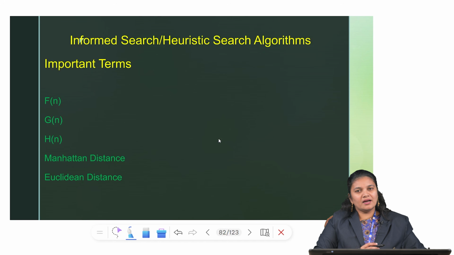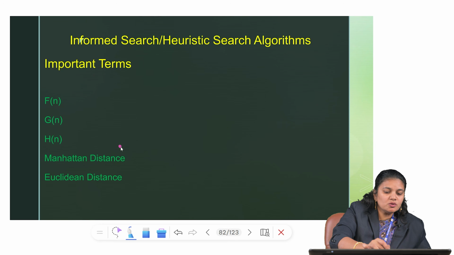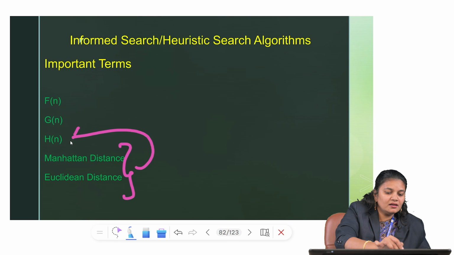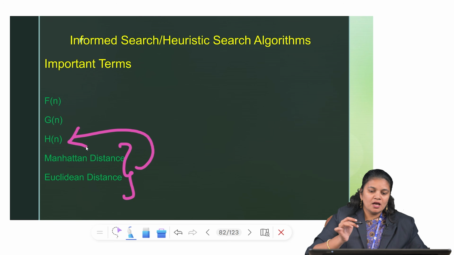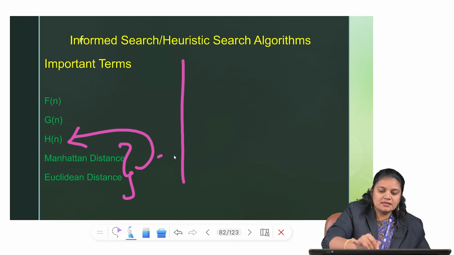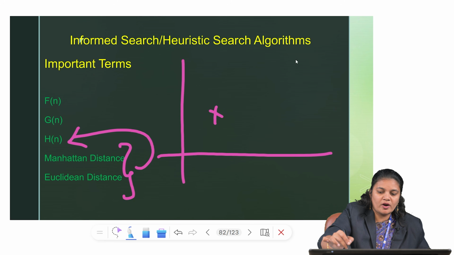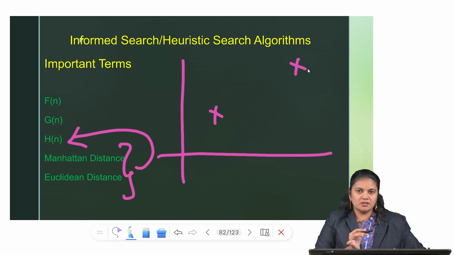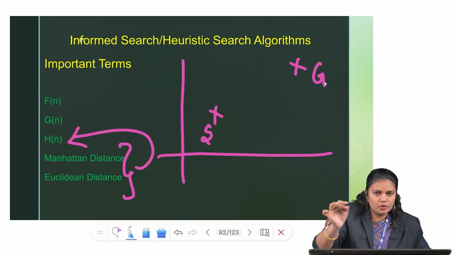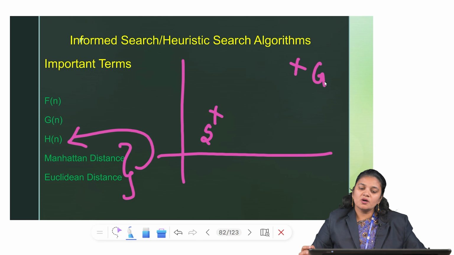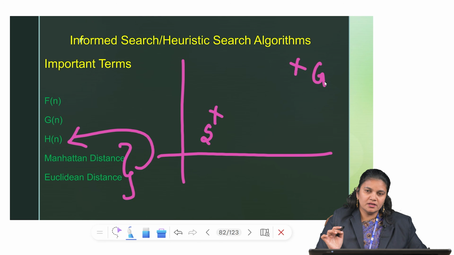And regarding the Manhattan distance and Euclidean distance, this is used for getting the additional information about the goal. So how we can get it? For example, let us consider in a graph, this is one point and this is another point. Okay, so this is my start node and this is my goal node. Let it be anything. So how to calculate the distance between these two?